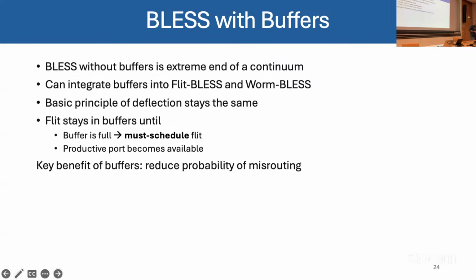So the key benefit of buffers here is that we reduce the probability of misrouting, because if a deflection would happen, then there's still a chance that we can just buffer that flit.